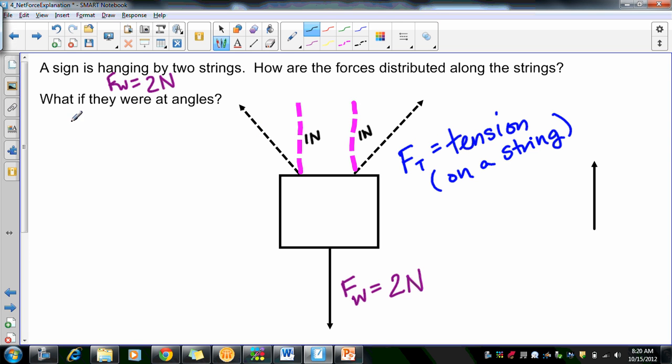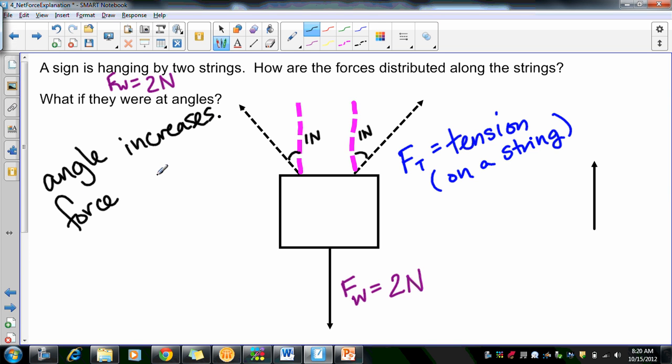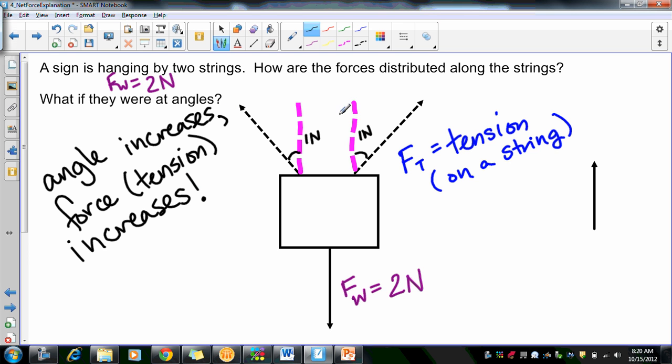So what happens is, as the angle increases, so we're talking about this angle, as the angle increases, the force, tension, increases. So as the angle increases, the tension force also increases.